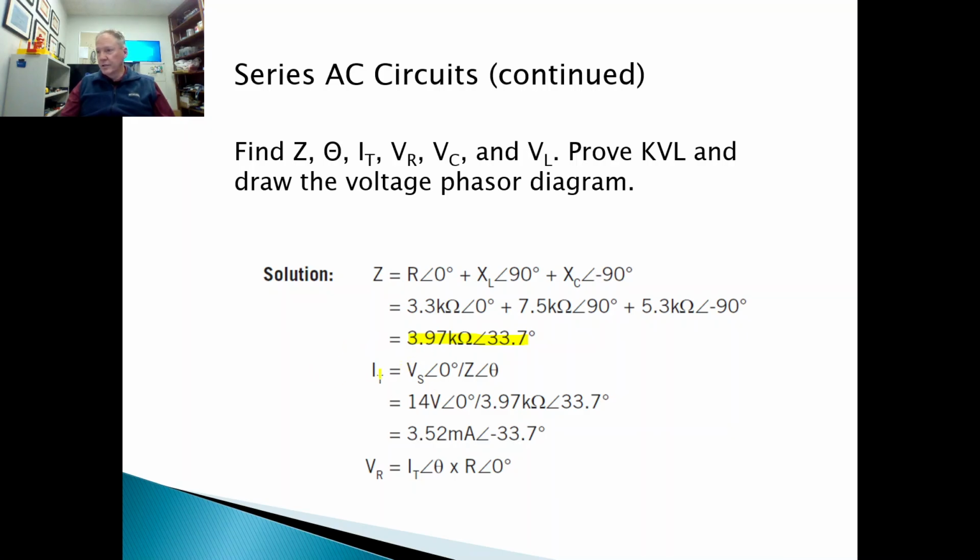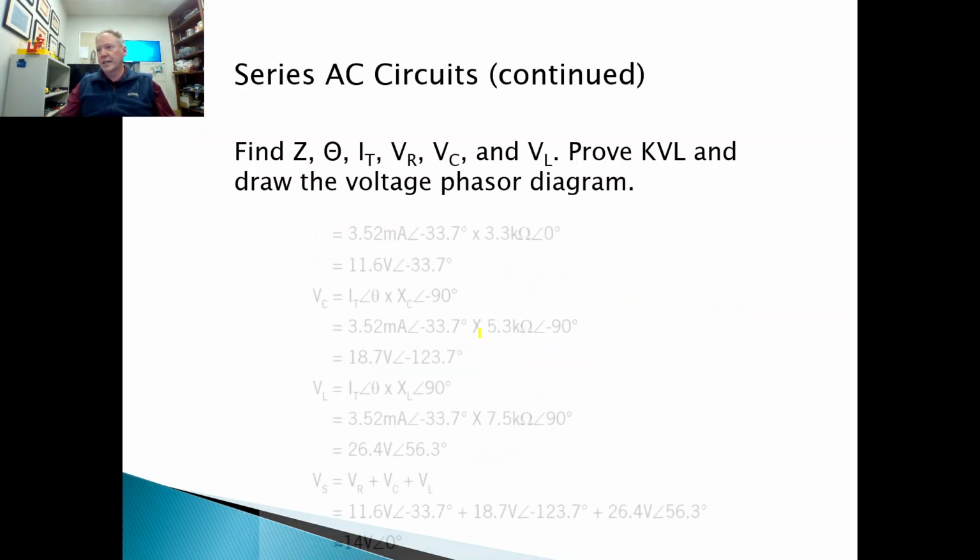Then the total current, again, is just the source voltage divided by the total impedance, which will be 4 volts at 0 divided by 3.97 K at 33.7, and you get 3.52 milliamps at negative 33.7.